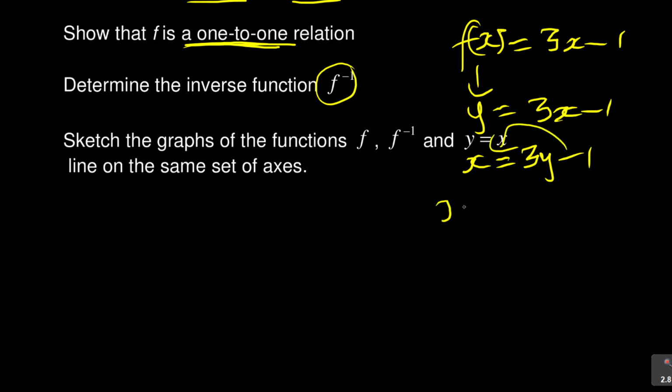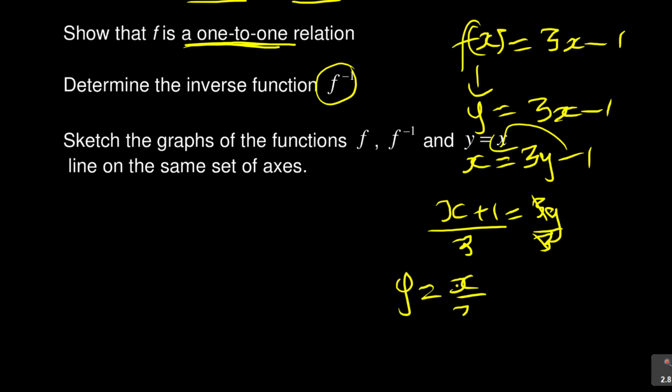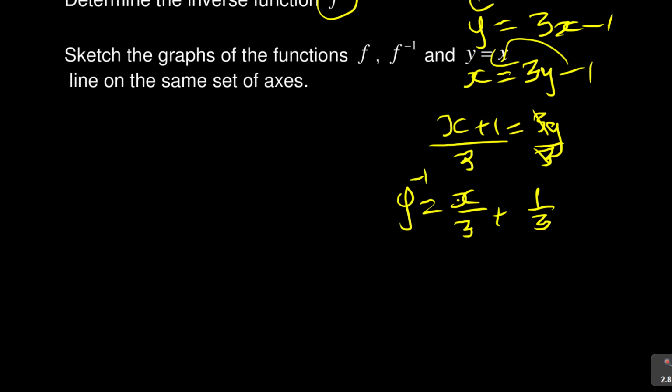There becomes x plus 1 is 3y. You divide by 3 on both sides. There is the inverse. Y is equal to x over 3 plus 1 over 3. That's the inverse. You can put that, but it's better this is equal to 1 over 3 x plus 1 over 3. That becomes the inverse.